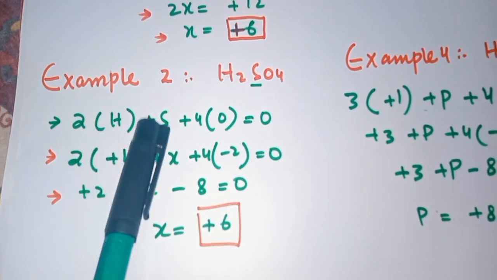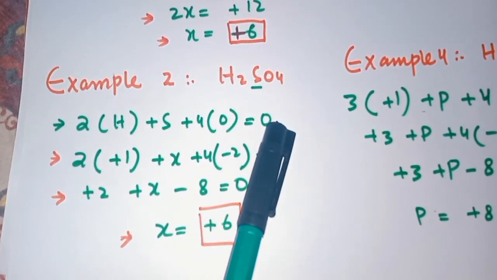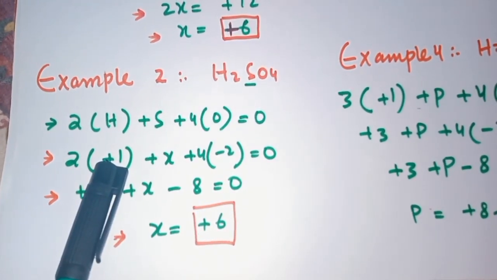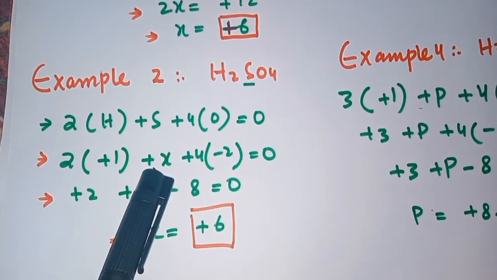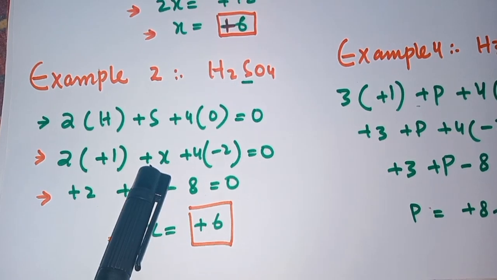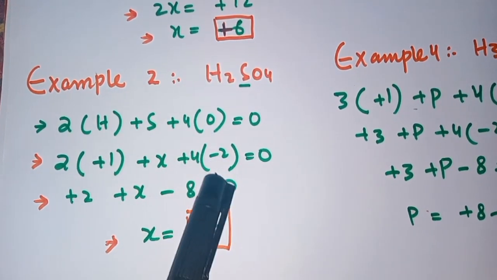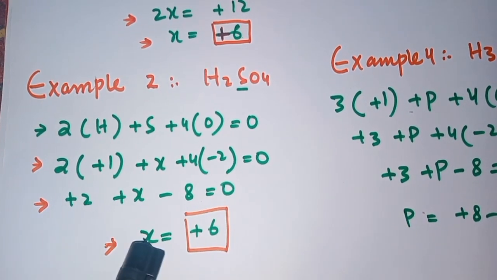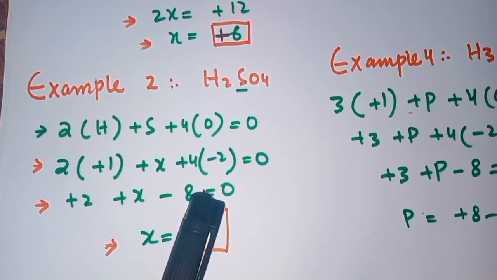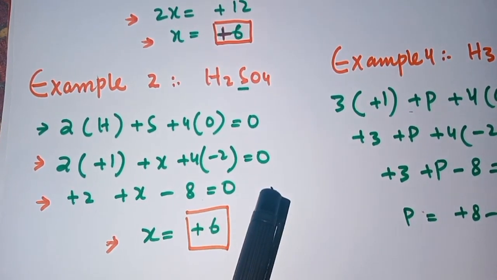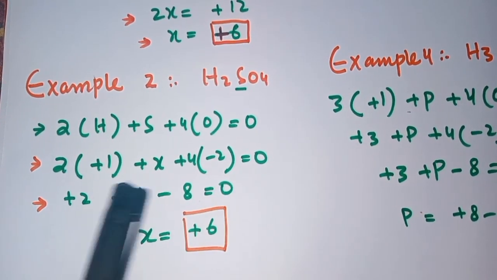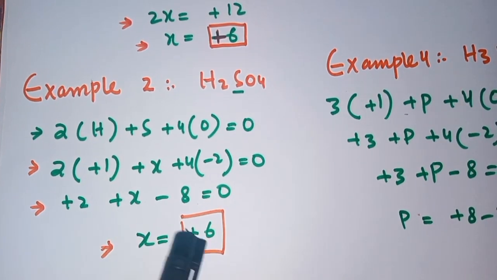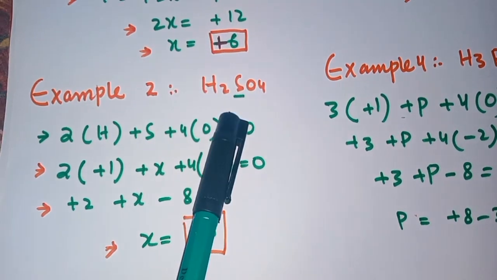So 2H + S + 4O = 0. 2(+1), because hydrogen always has oxidation number +1, plus X, because we suppose X for sulfur, plus 4(-2), since the oxidation number of oxygen is always -2, equals 0. 2 + X - 8 = 0, so X = 8 - 2 = +6. The oxidation number of sulfur in sulfuric acid is +6.